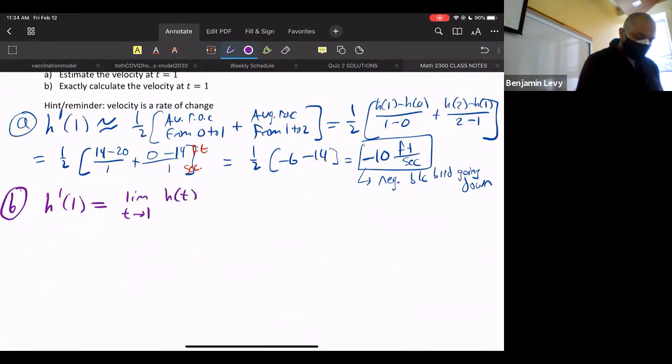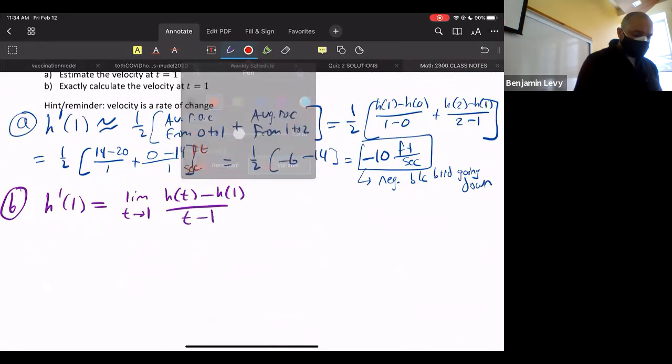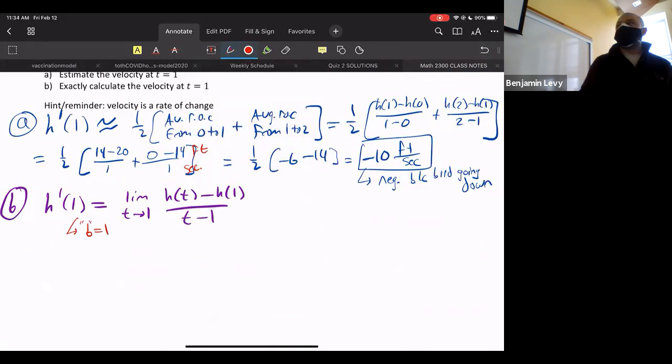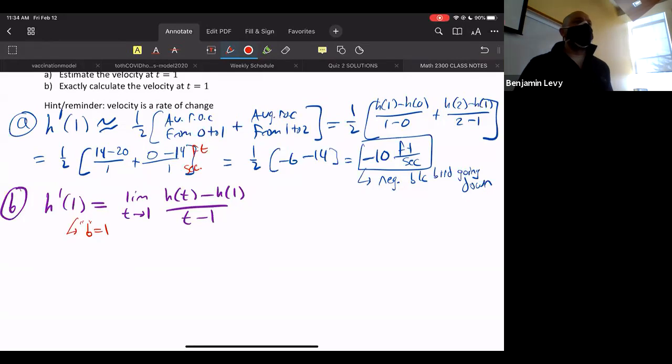So then it becomes this. What I'm trying to say is, in the above definition, the b is 1. That setup seem okay? All I've done is plug a 1 into the above formula.